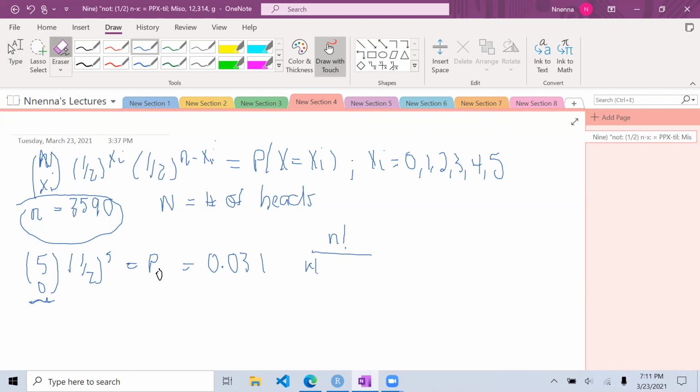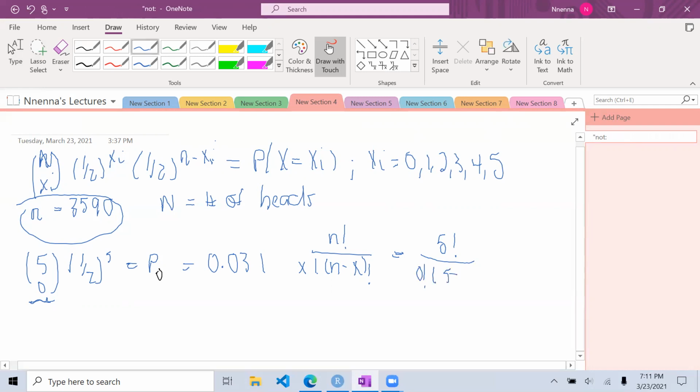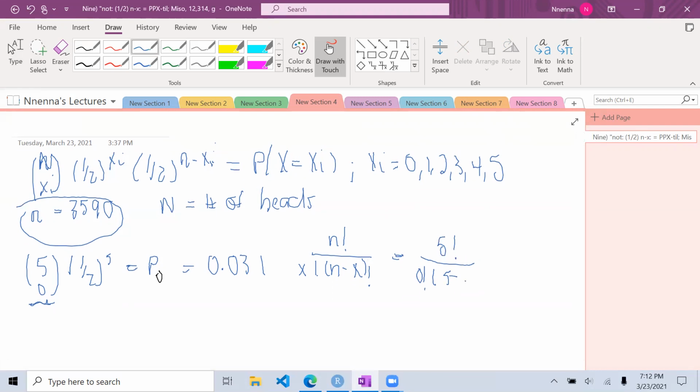I should put x here, being very picky. Let's not mess up notation. So in this context it's 5 factorial divided by 0 factorial times 5 minus 0 factorial, which is 5 factorial divided by 5 factorial. So what you're actually going to get is just 1.